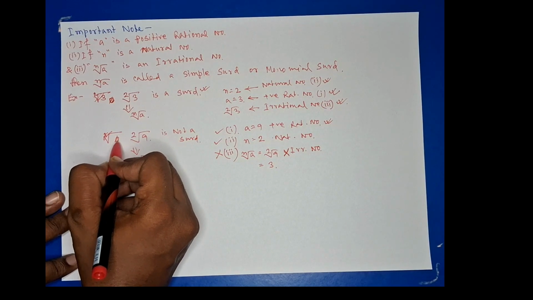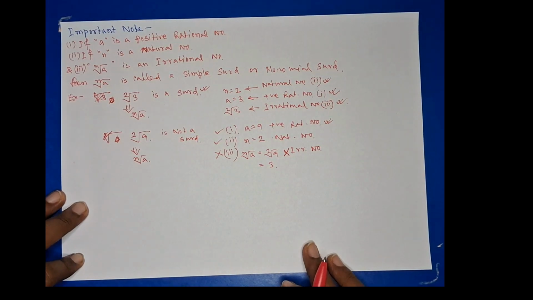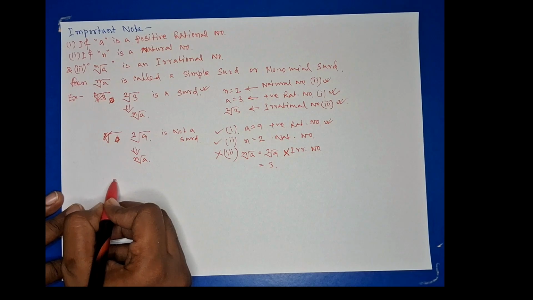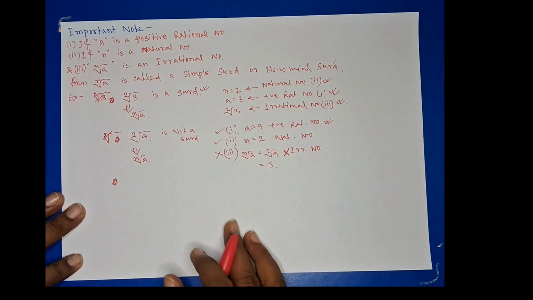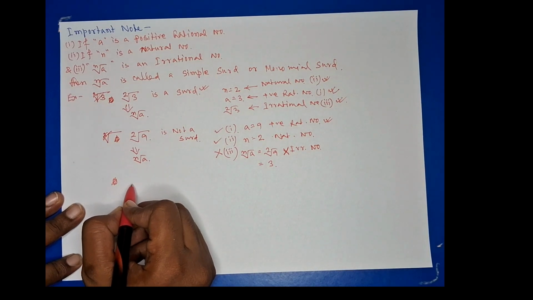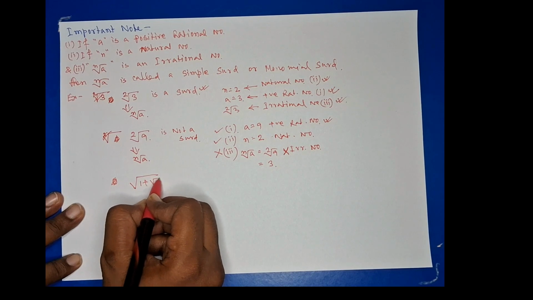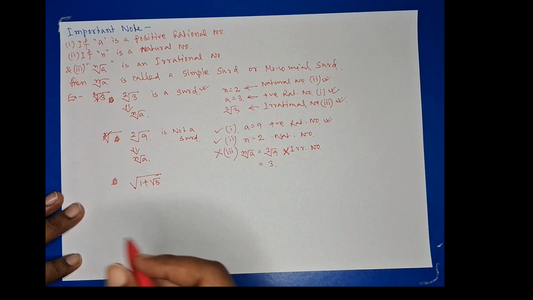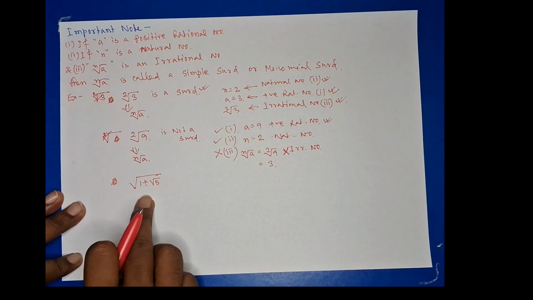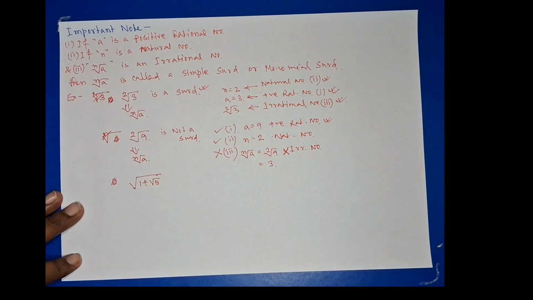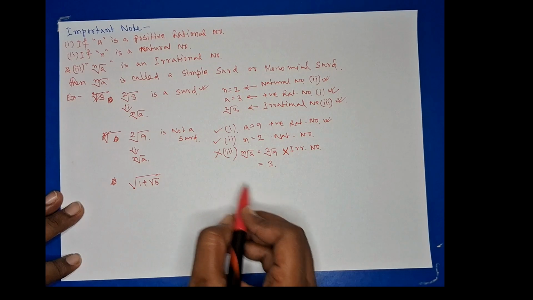This is another example, and let us take one more example. Let us see whether 1 plus square root of 5 is a surd or not. All the three conditions have to be satisfied, then only we can consider it a surd.